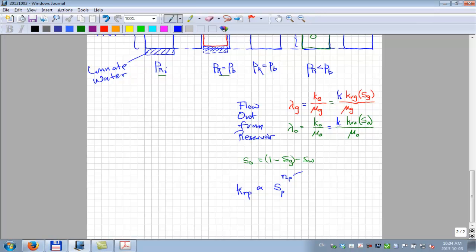And that power n ranges somewhere, if God is nice, if you're lucky, it might be 2 point something, and if Mother Nature is not behaving, it might be as high as 4 or 5. I'm going to say 4.x, okay? It's a highly nonlinear function of saturation.